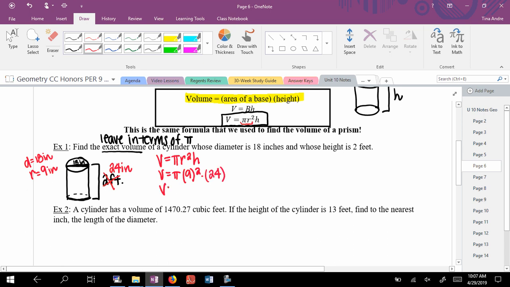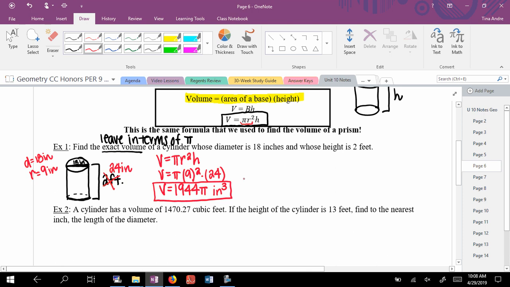In order to leave this in terms of pi, I'm going to enter everything into the calculator except for pi. So I'm entering 9 squared times 24, and that's giving me 1,944, and I need to carry down the pi. So 1,944 pi inches cubed, since I'm in inches. That would be my answer for that one.